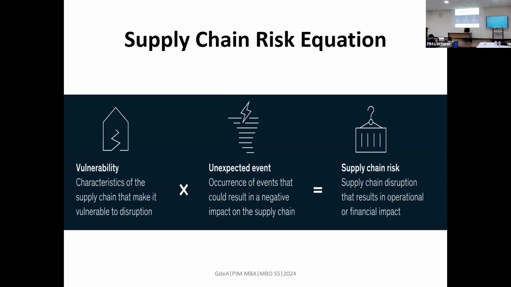So the equation, if you look at the risk, is vulnerability into an unexpected event, which is the supply chain risk. We need to understand these numbers. So I'll show you one of the situations that has impacted as an incident, which became a huge issue. I think last time when I mentioned the 9 Rs, as part of the right way, I explained this.